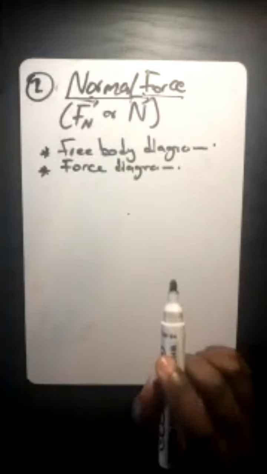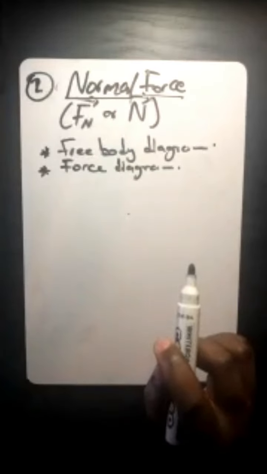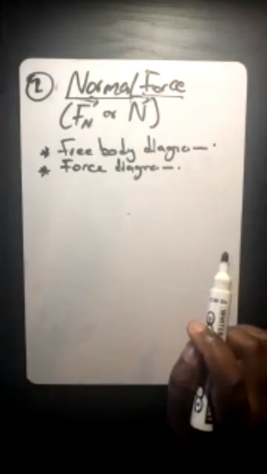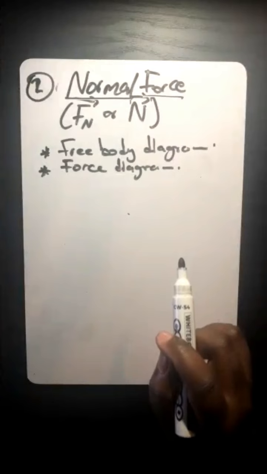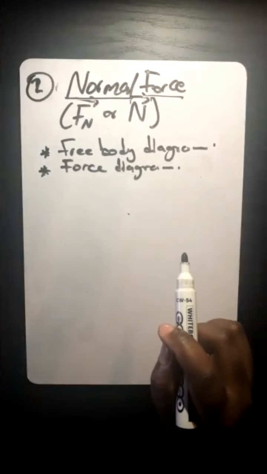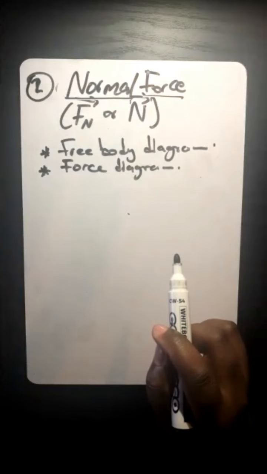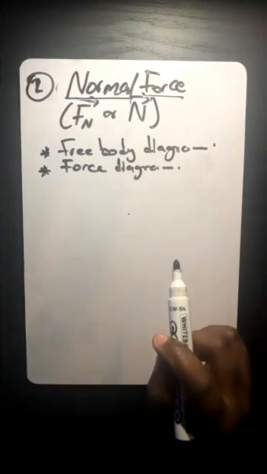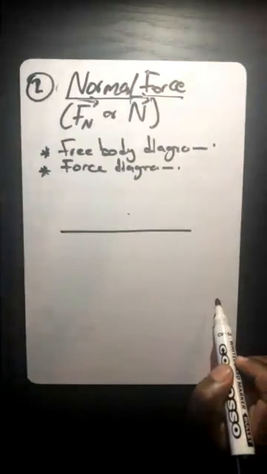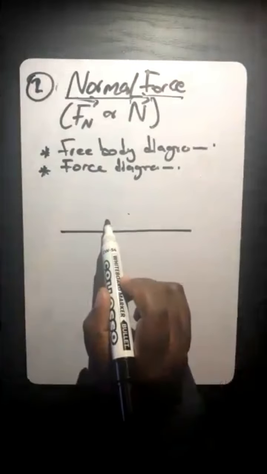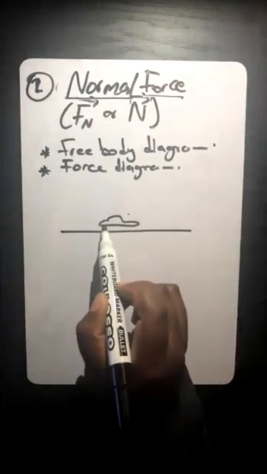Okay, so when an object is resting or moving on a horizontal surface, the normal force will have the same magnitude but an opposite direction to the weight of the object, or gravitational force. What it means, ladies and gentlemen, is that, let's say we've got a horizontal surface, which could be a road, then we've got a car.